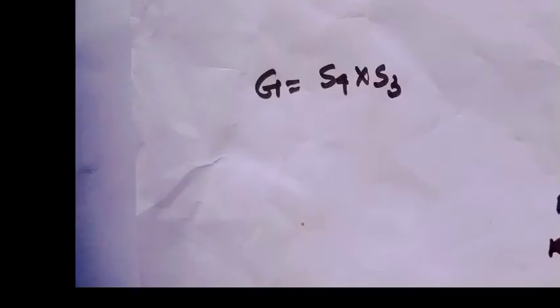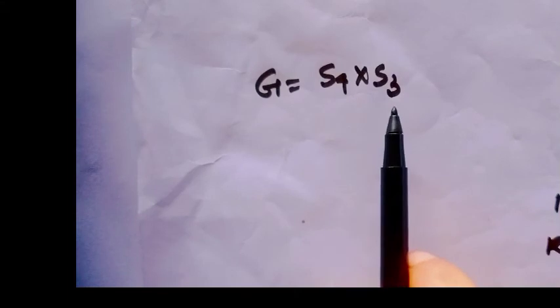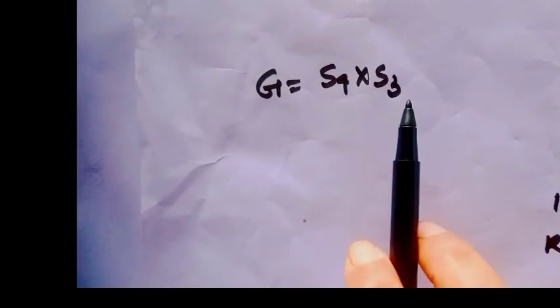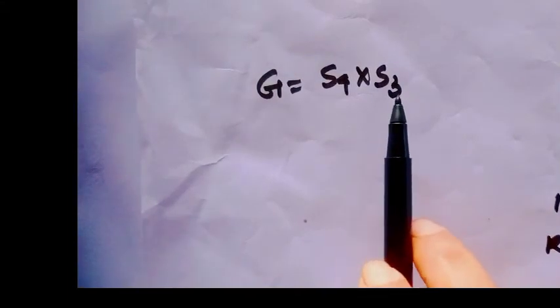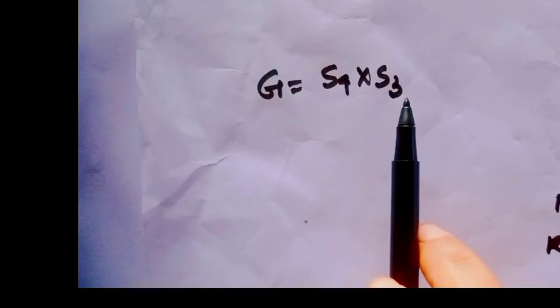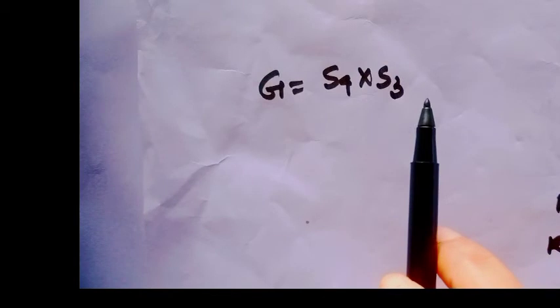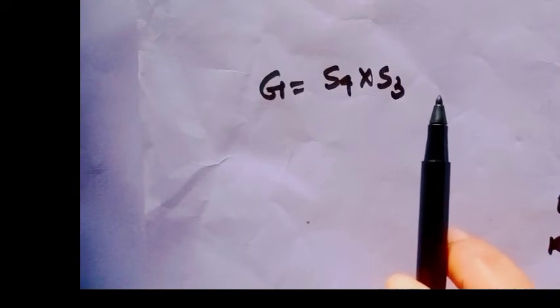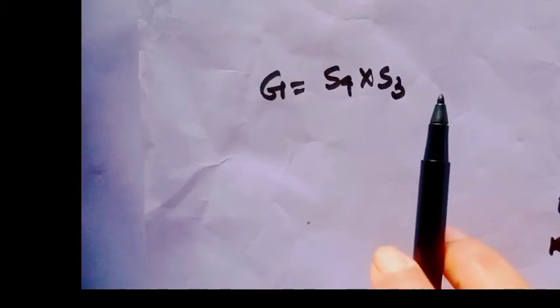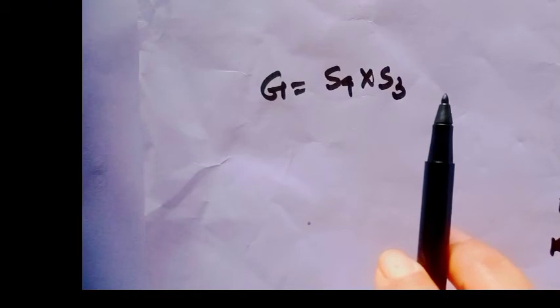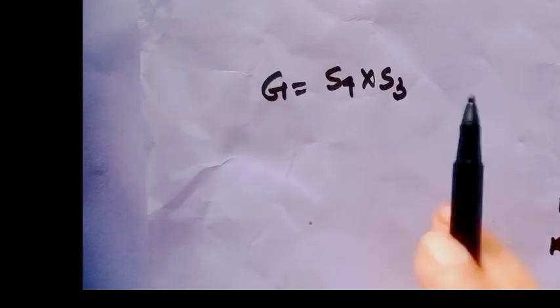Okay, here the group is S4 direct product S3. We all of us know in S4 there exist 4 normal subgroups: one identity, another A4, the K4 Klein 4-group, and S4 itself. Similarly in S3 there exist 3 normal subgroups: identity, A3 and S3.